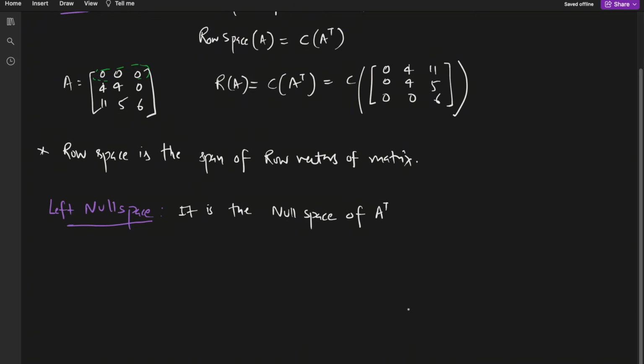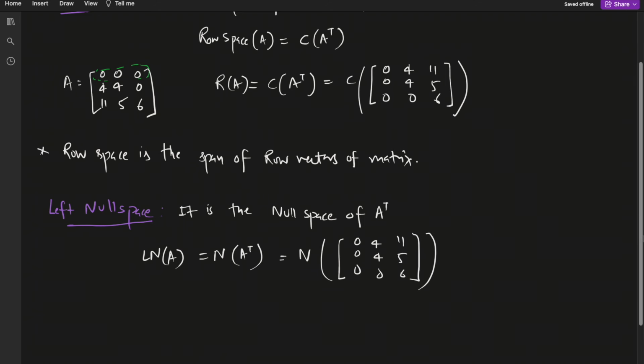That's all. That is, the left null space NL of any matrix A is nothing but the null space of A transpose. And we already know what A transpose is. It is the matrix 0, 0, 0, 4, 4, 0, 11, 5, 6.